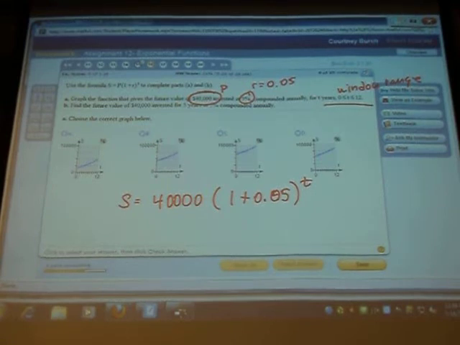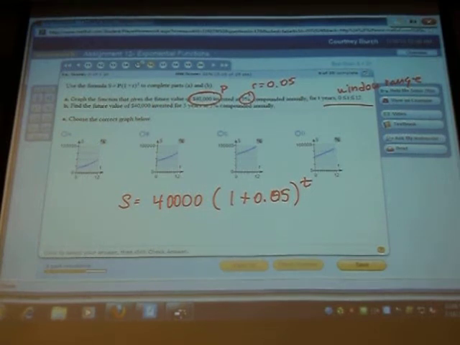Times the number of years, I can figure out how much money I would make after that many years if I just let my money sit. Now 1 plus 0.05, I know that's 1.05.